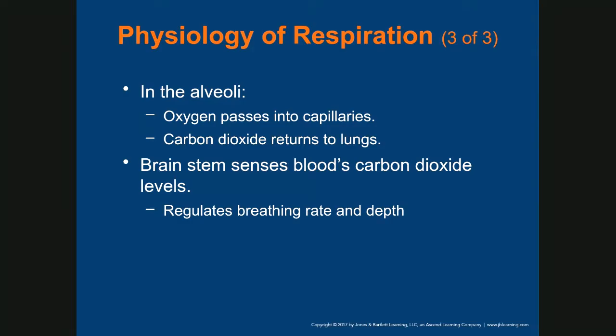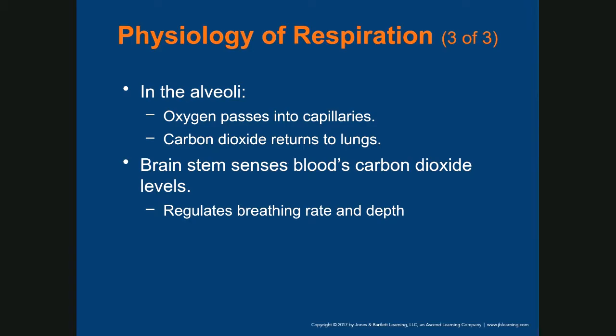The brainstem senses blood carbon dioxide levels and regulates breathing rate and depth. That's the primary stimulus to breathe, right? So it picks up an increase in carbon dioxide. But if it's the primary stimulus, it's not directly picking up the carbon dioxide.